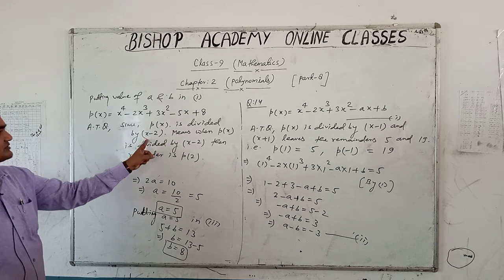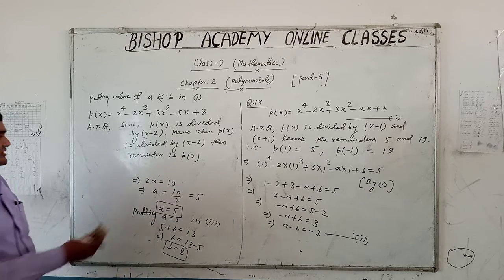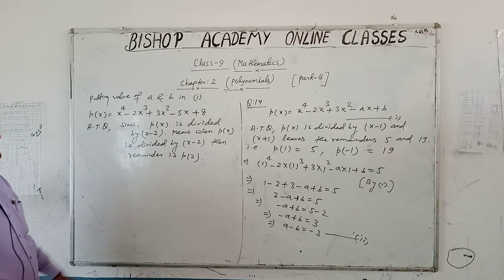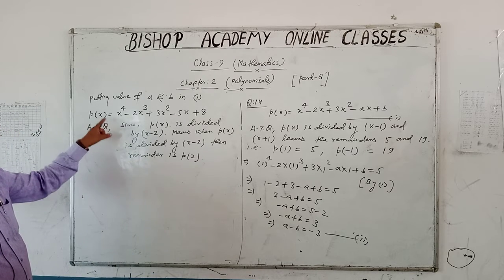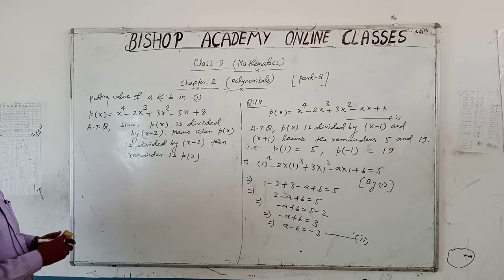Means p(x) is divided by x minus 2, then we can say that remainder is p2, and we get p2 when we put value of x is equal to 2 in this polynomial.